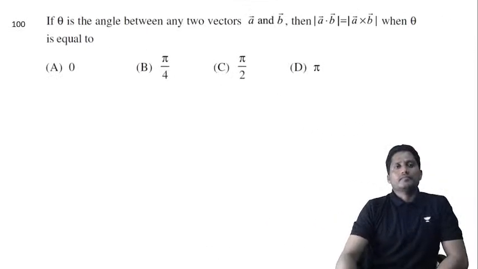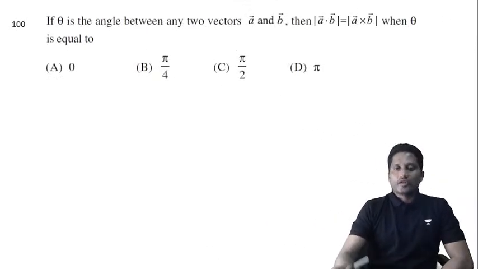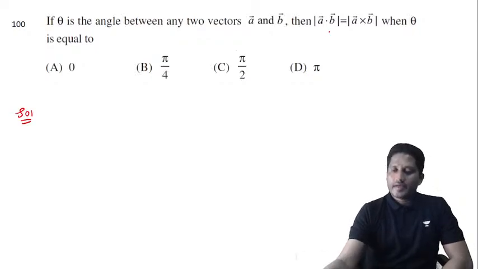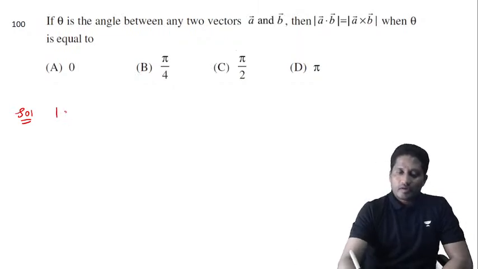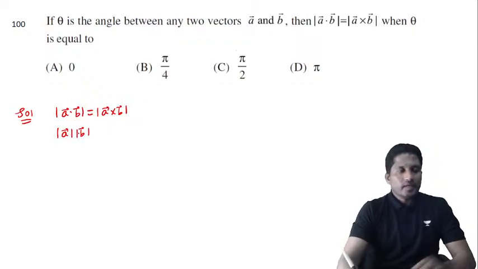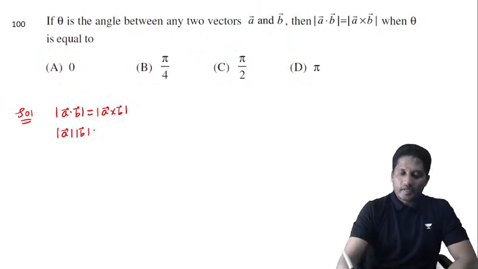Right? Let's move to the next question. If theta is the angle between two vectors, mod of A dot B is equal to mod of A cross B. According to the question, A dot B is equal to modulus of A cross B, right? Now A dot B is equal to mod A into mod B into cos theta, right?